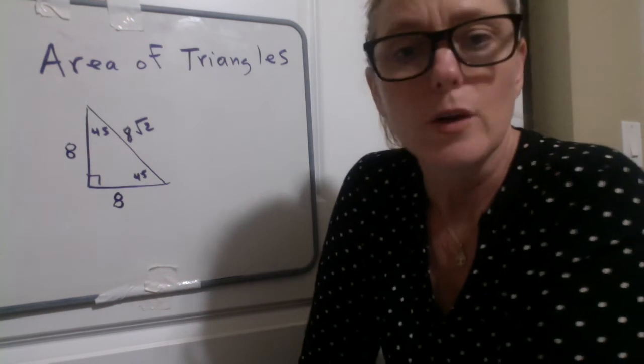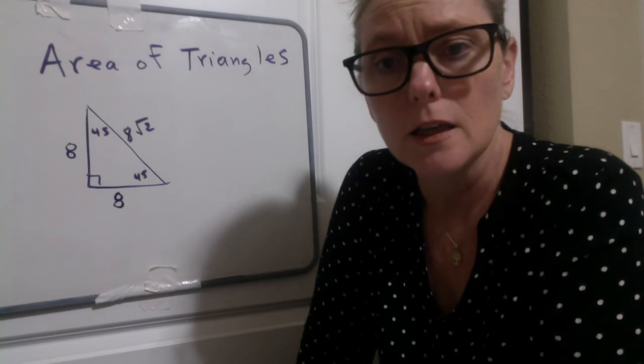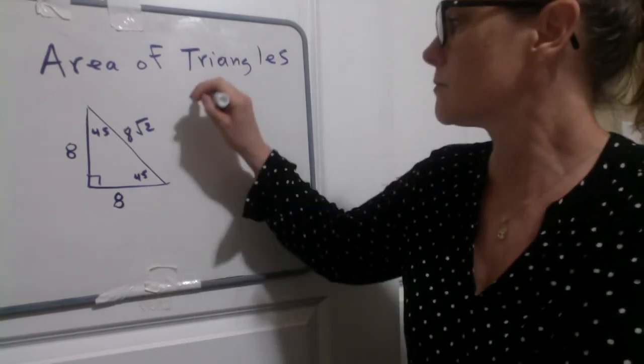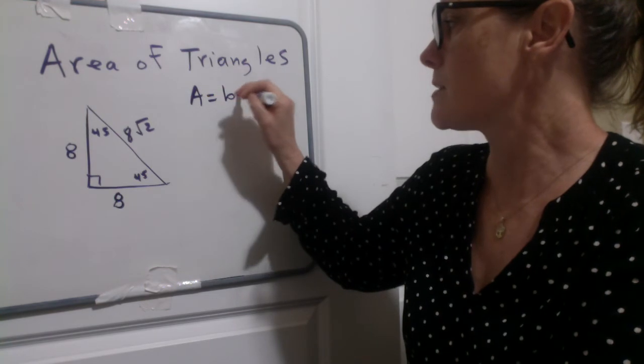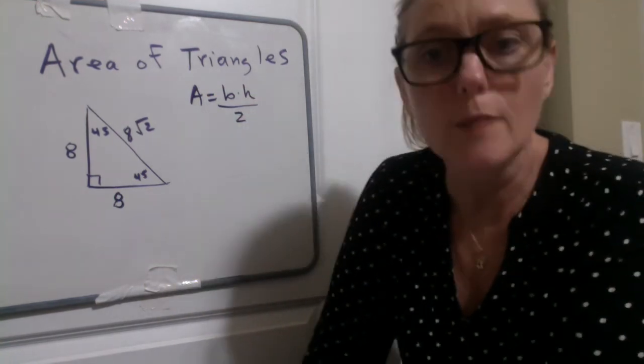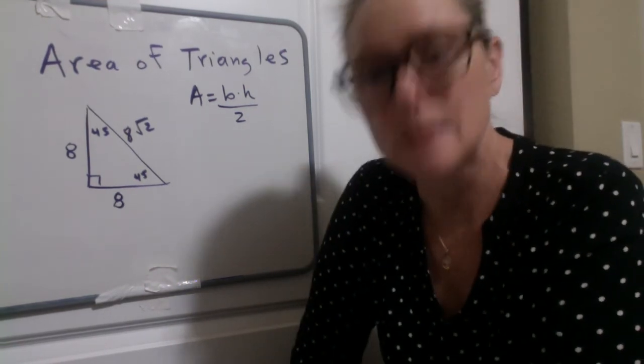Okay, so if I was going to find the area of just a 45, 45, 90, it could be very easy because, again, area of a triangle is base times height divided by 2. And whenever we're talking about area, we want the base and the height to be perpendicular.